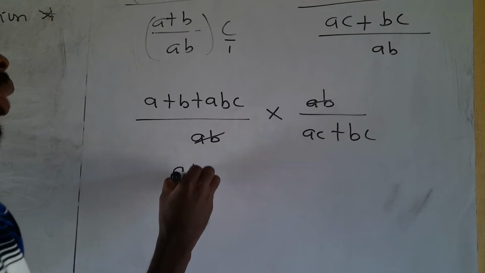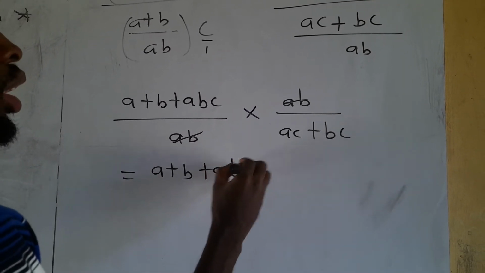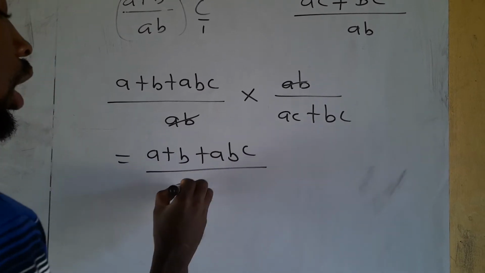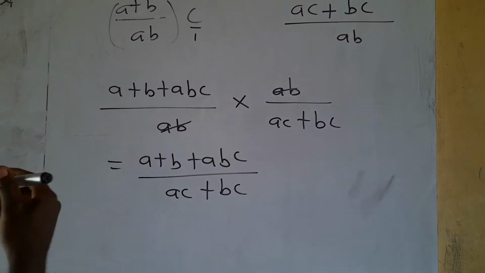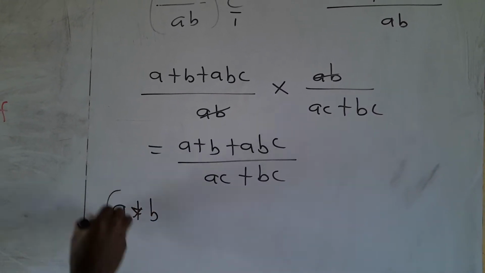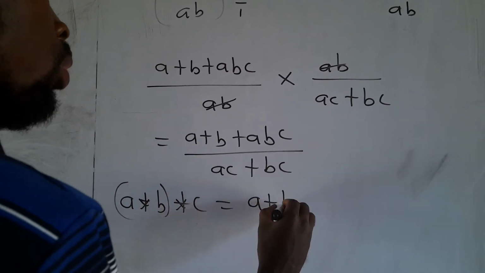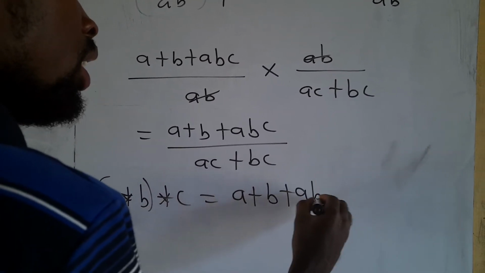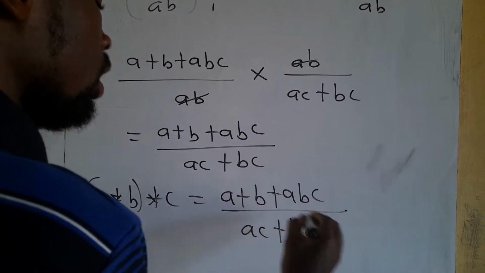We have A plus B plus ABC over AC plus BC. So that's our A star B star C. We had A plus B plus ABC over AC plus BC.